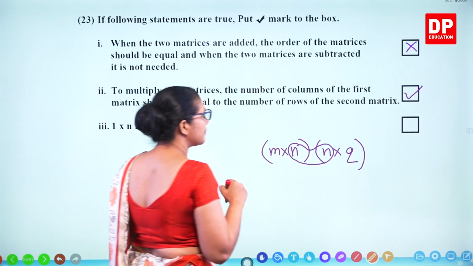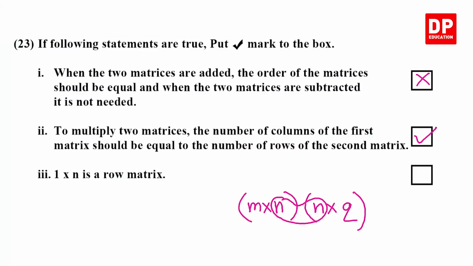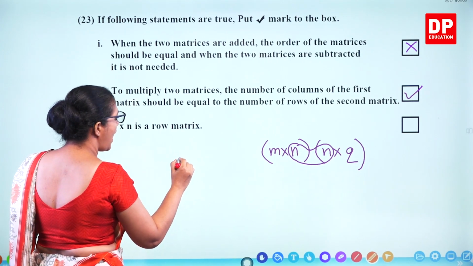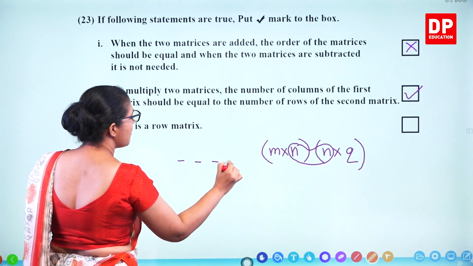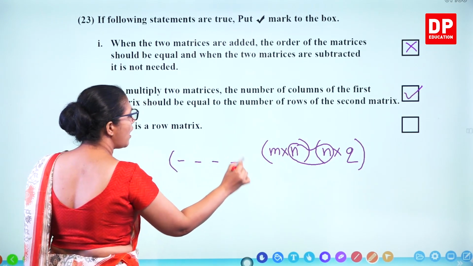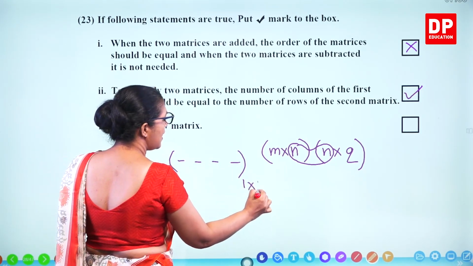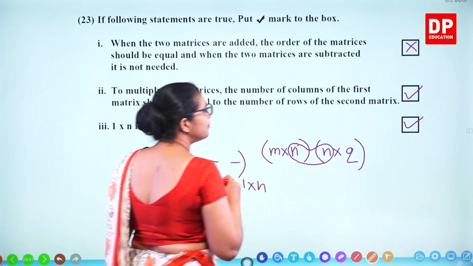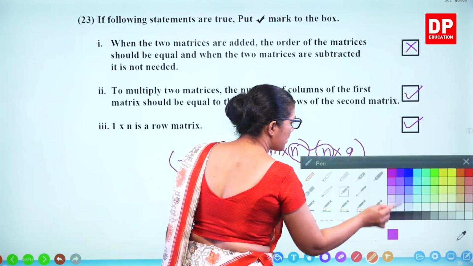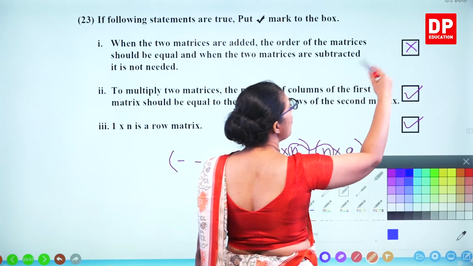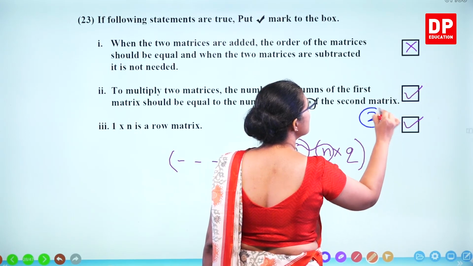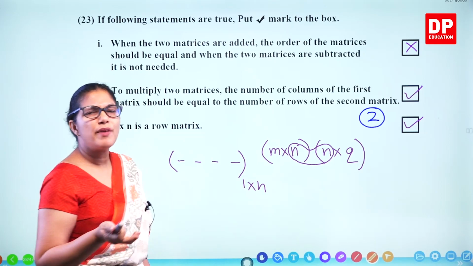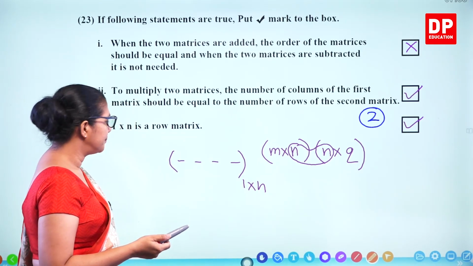So that's correct. 1 into n is a row matrix. 1 means 1 row and you get several n values, n columns. So that's a row matrix. That's correct. So you get marks altogether. You get 2 marks for identifying all 3 correctly. And if 1 is wrong, you get half of a mark.